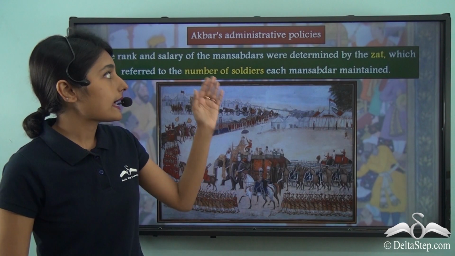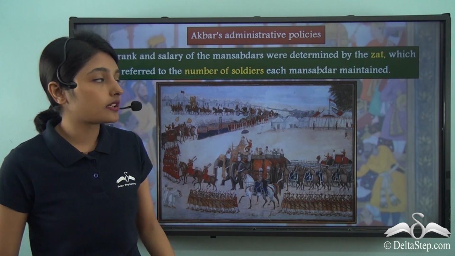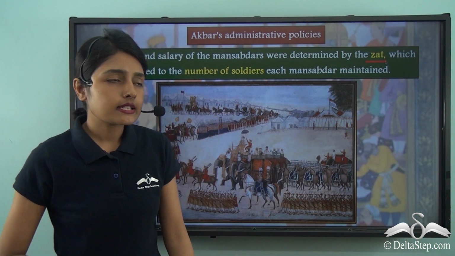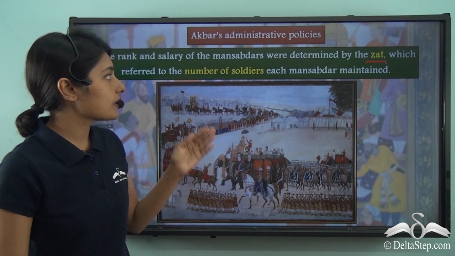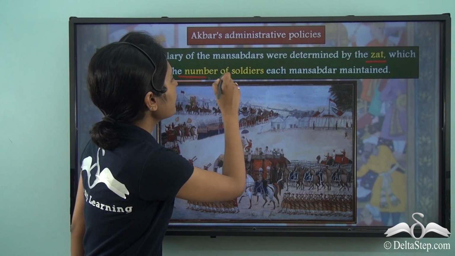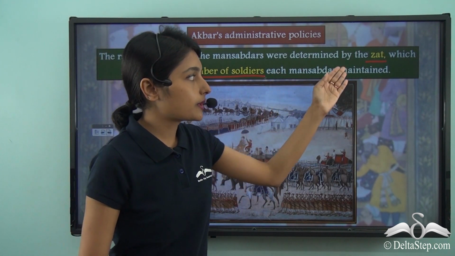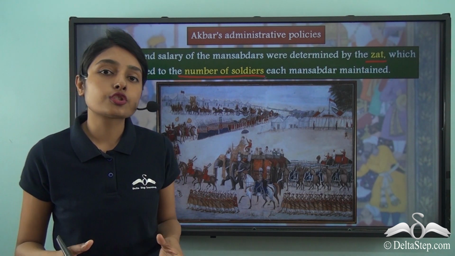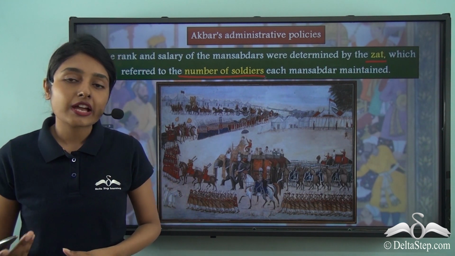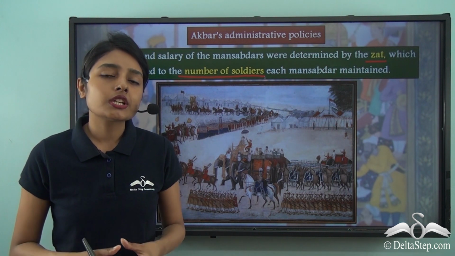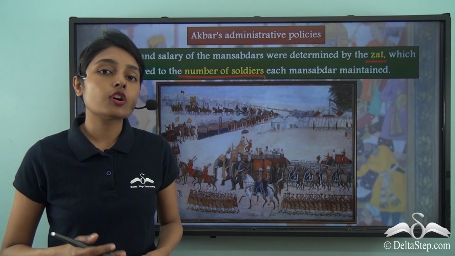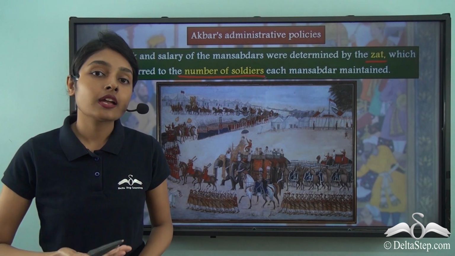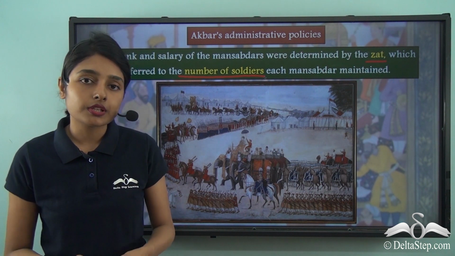So the rank and salary of the mansabdars were determined by the Zat. What do we understand by the Zat? Zat refers to the number of soldiers each mansabdar maintained. We just learnt that these mansabdars had to maintain an army of cavalrymen. And the larger the number of cavalrymen or soldiers that a mansabdar maintained, the higher the rank and position of that mansabdar.